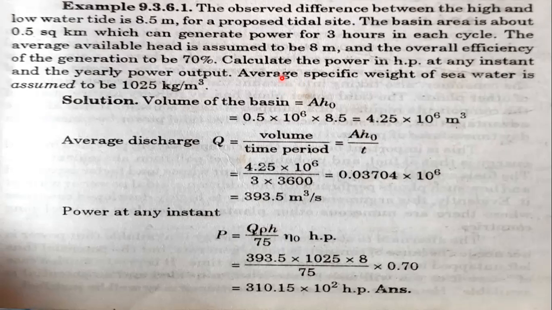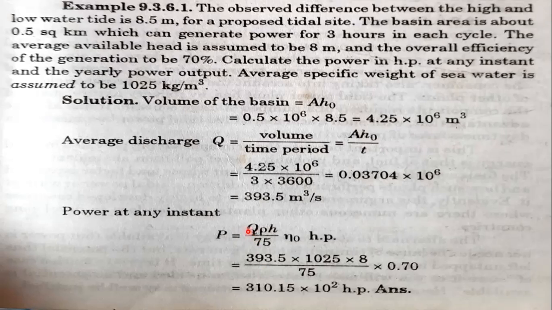So now we have to find out the power per annum. First we have to find out the power at any instant. So power P at any instant is equal to, we know the formula, Q rho H by 75 eta naught HP. We should find the power in HP, horsepower, because they have asked.